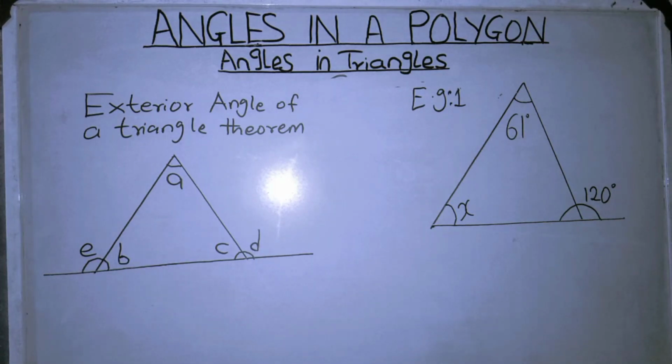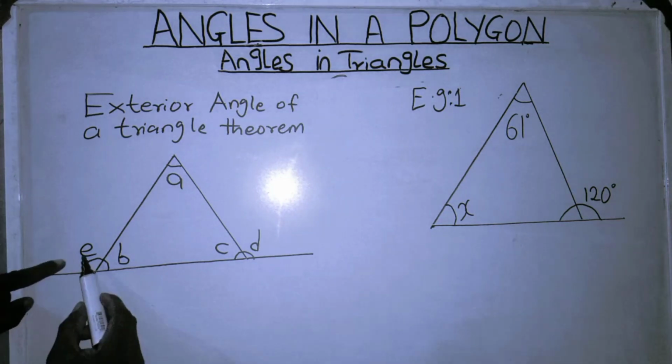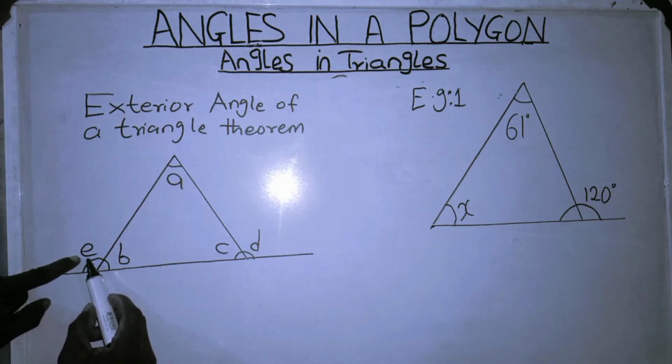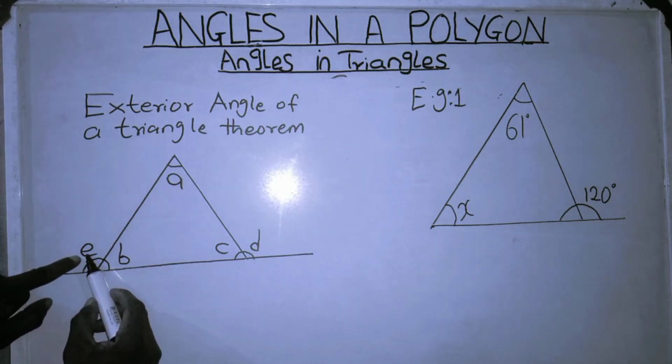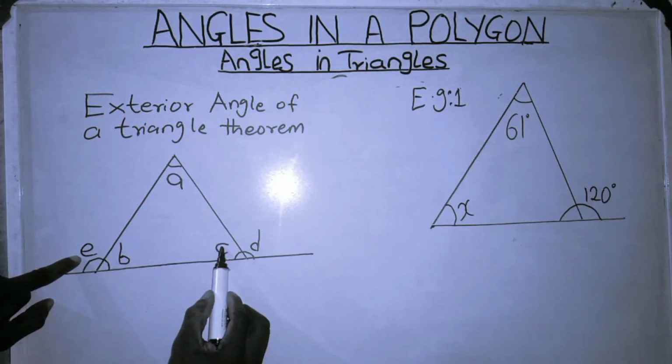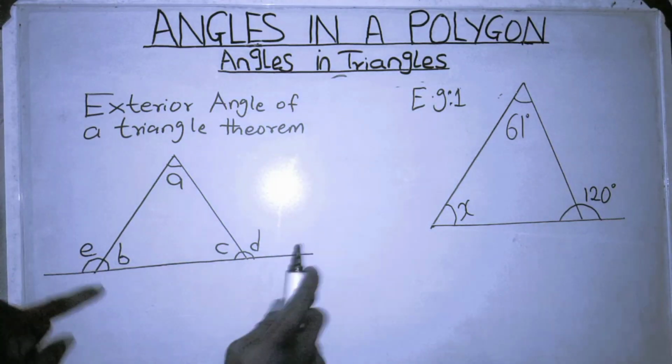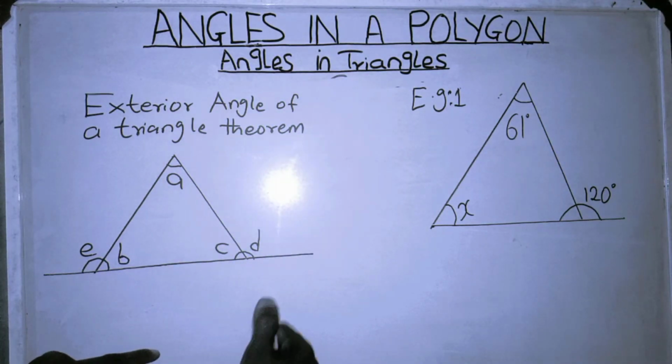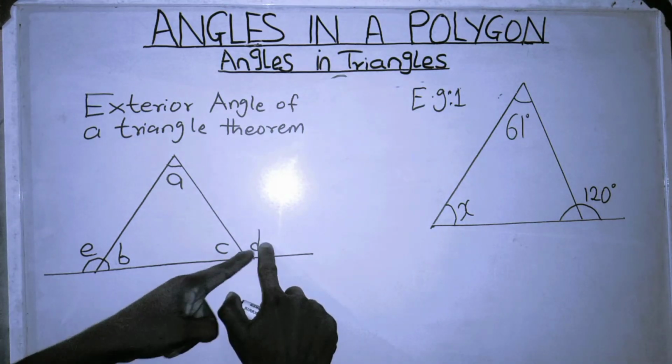What is the theorem talking about? The theorem: the exterior angle of a triangle is equal to the sum of the two opposite interior angles. As you can see, this E is an exterior angle here. So the two opposite interior angles are A and C. Then looking at it from this angle, D is an exterior angle.